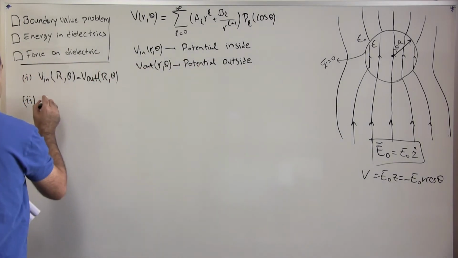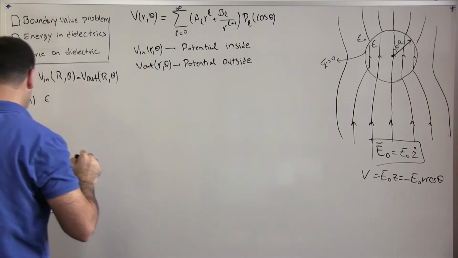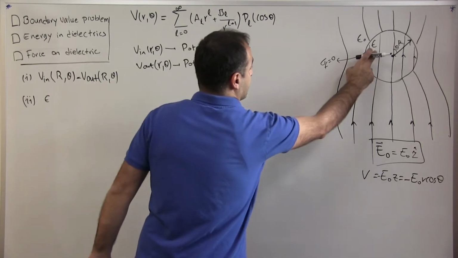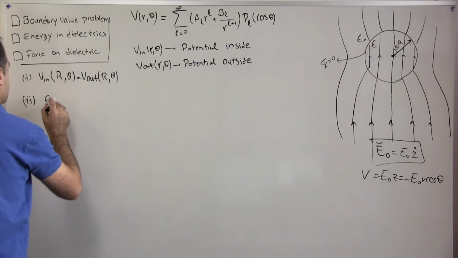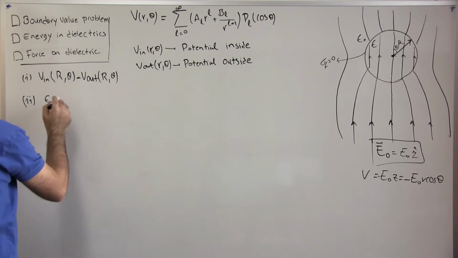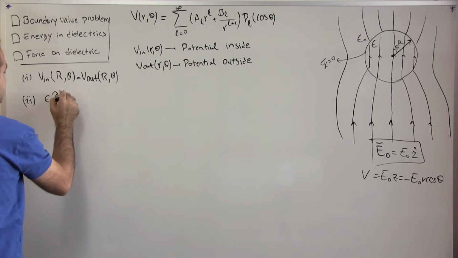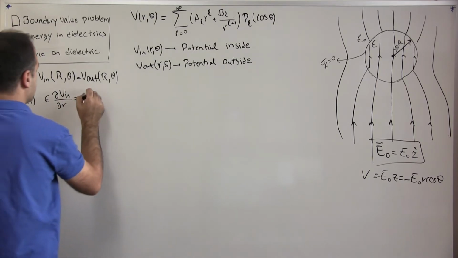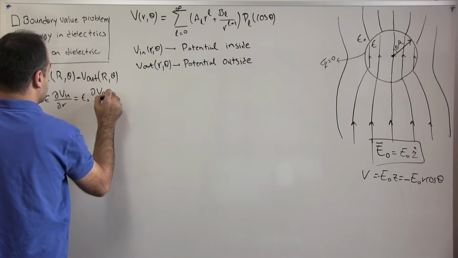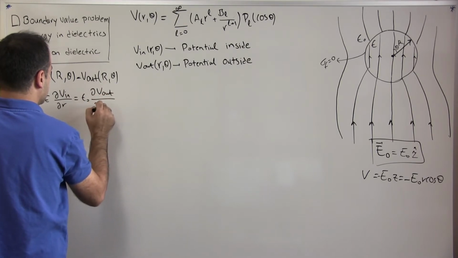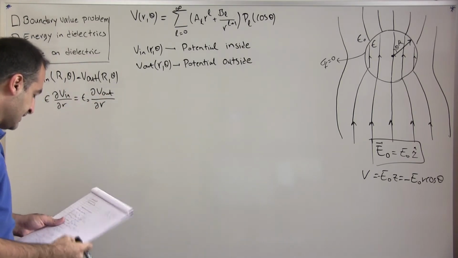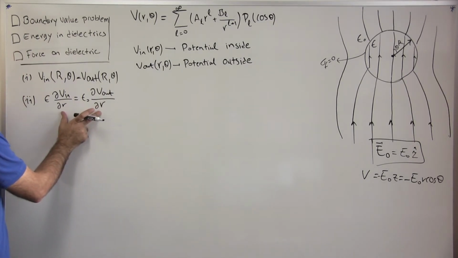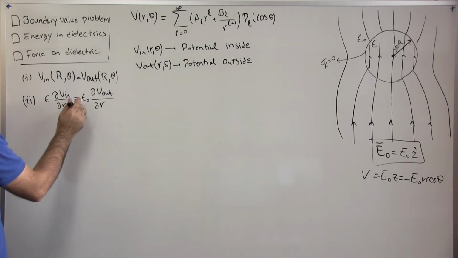To capture that, epsilon, which is the dielectric permittivity of the sphere, times the normal component of the electric field, which I'm going to write in terms of dV in over dr, should be equal to epsilon naught dV out over dr. The electric field is discontinuous because epsilon and epsilon naught are different.